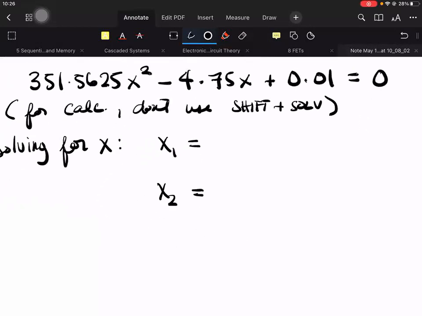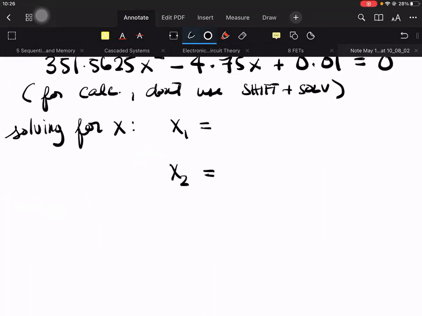Solving for the values of x using the quadratic equation would yield us 10.9 milliamperes and a smaller value. So two values for our x.